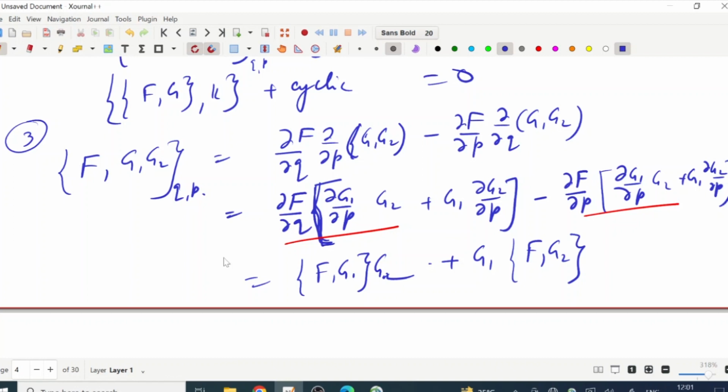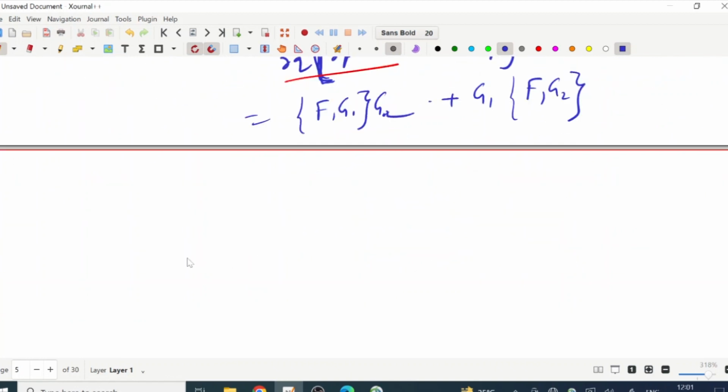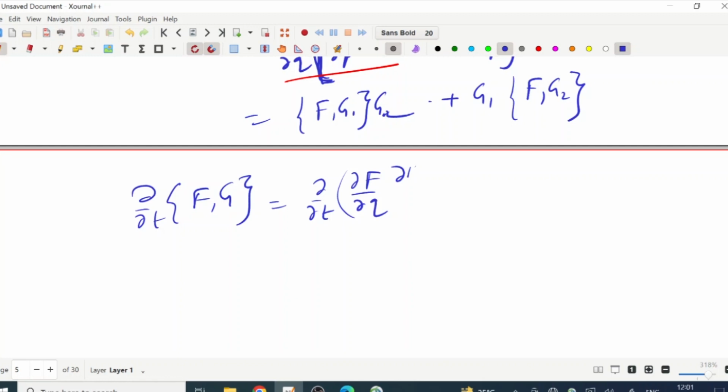which proves the identity. Similarly, for a time derivative, del t of the Poisson bracket of f and g, that is property 4. Let me write again, simplifying with one set of canonical variables: del t of del f del q del g del p minus del f del p del g del q. Now, this is a partial derivative with respect to time, so we can interchange the order of differentiation.